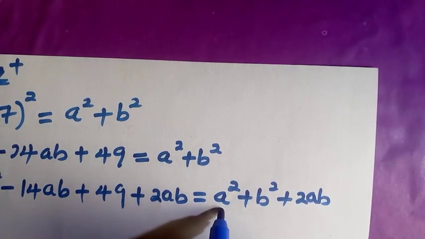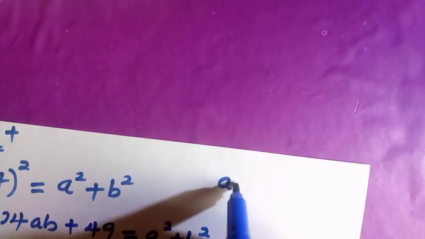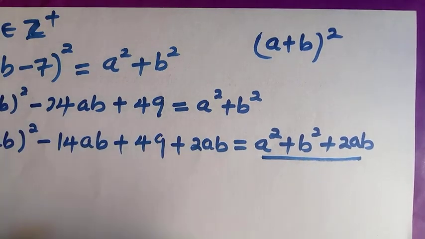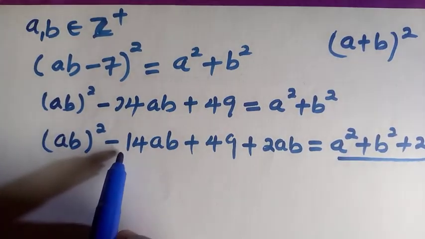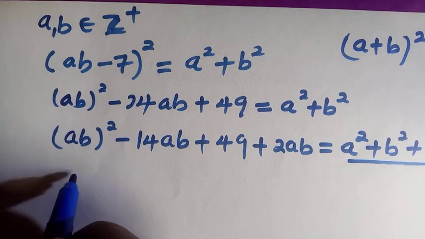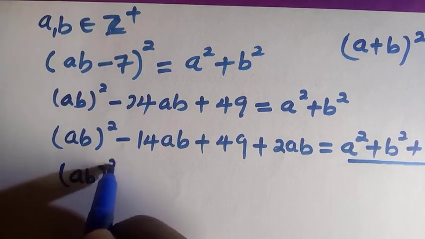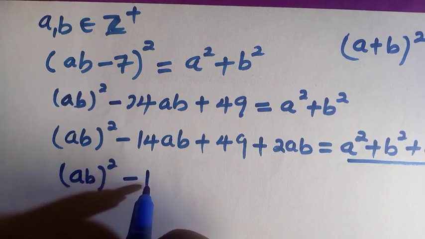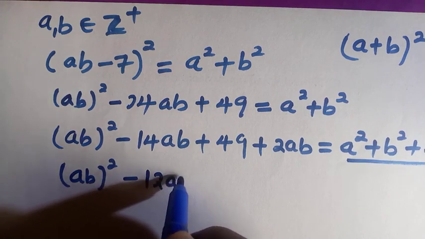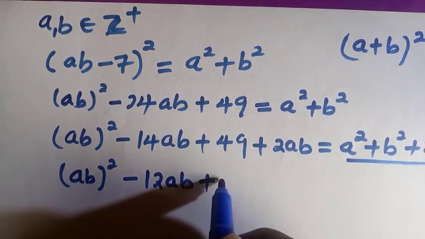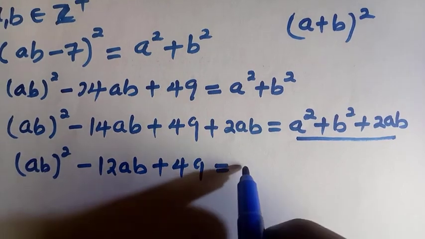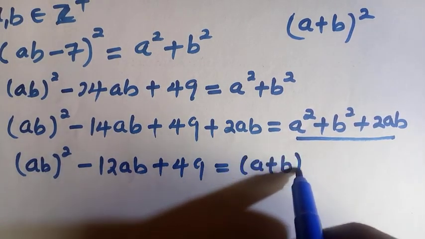And a squared plus b squared plus 2ab is (a + b) raised to the power of 2. So I replace all this with (a + b) squared. For the left side, we have (ab) squared, and minus 14ab plus 2ab is negative 12ab, plus 49, equals (a + b) raised to the power of 2.